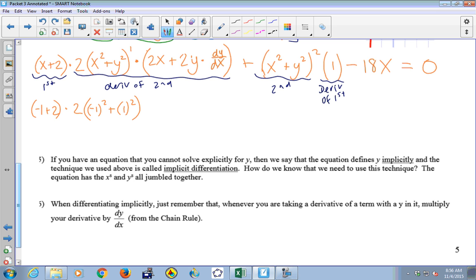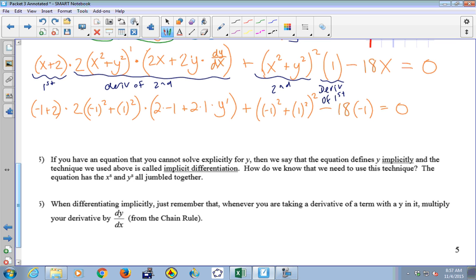I'm not going to bother writing the first. 2 times -1 plus 2 times 1 times, I'm just going to write y prime, save me a little vertical space, x squared, -1 squared plus y squared, 1 squared, squared, minus 18 times -1 equals 0. So I replaced every x and y with a value. X is -1, y is 1. And now the only unknown in that whole equation is y prime. It's just a bunch of numbers and a y prime. I should be able to solve this.